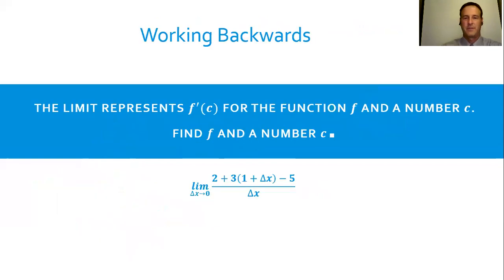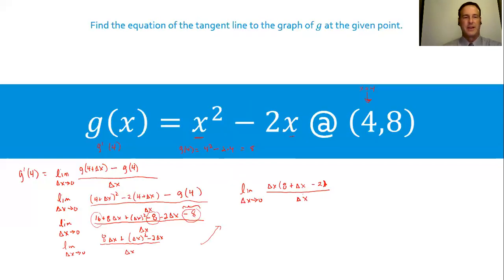Pardon me. And if we look at that, I have some items here that I could combine, the 8 delta x and then minus 2 delta x, but in the end, that'll be okay. Nothing we did was wrong.